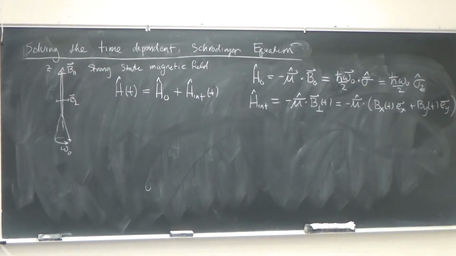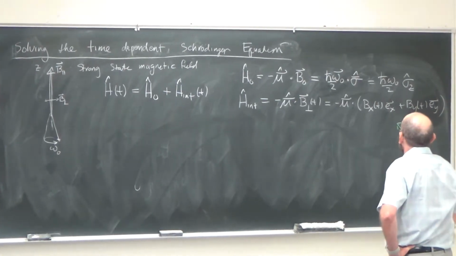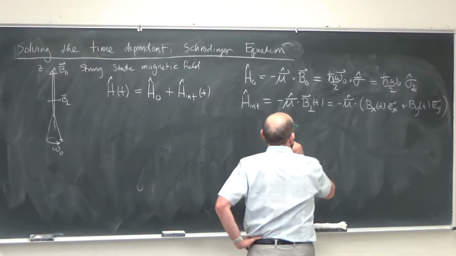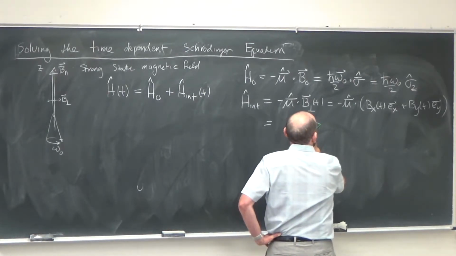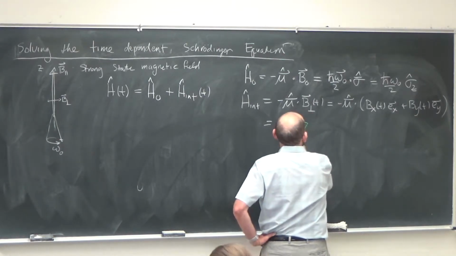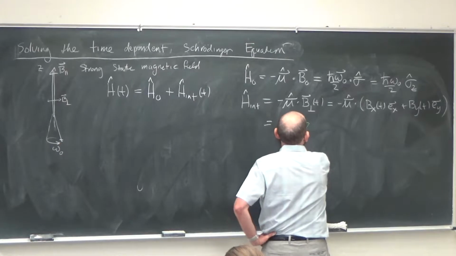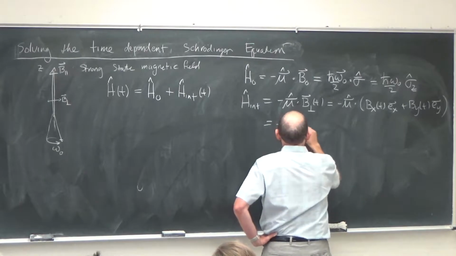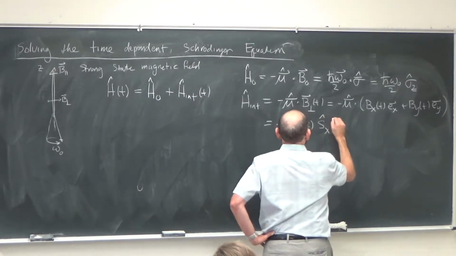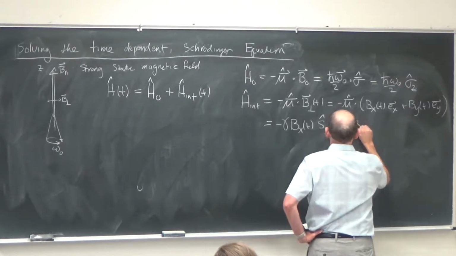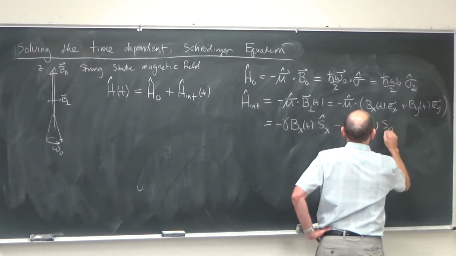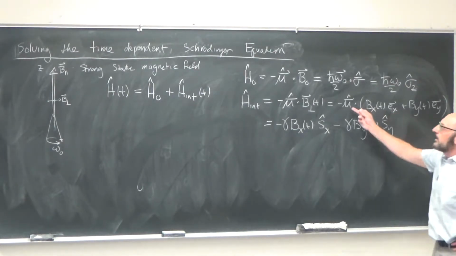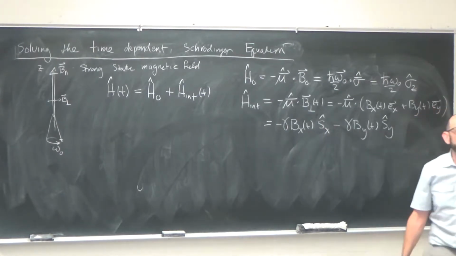Right? Okay, so with that said, this will be equal to writing the magnetic dipole moment in terms of the spin and the gyromagnetic ratio.